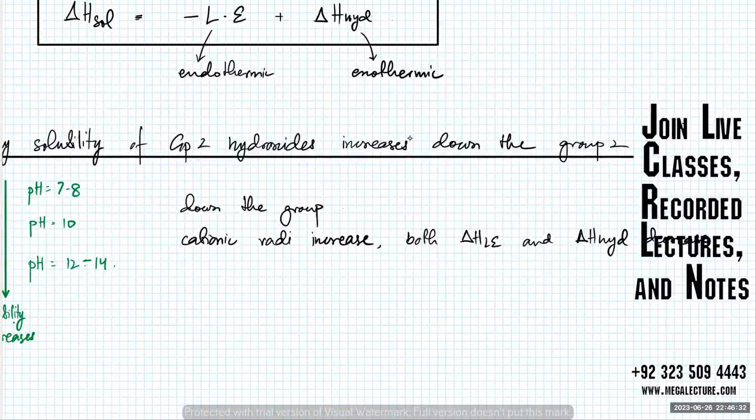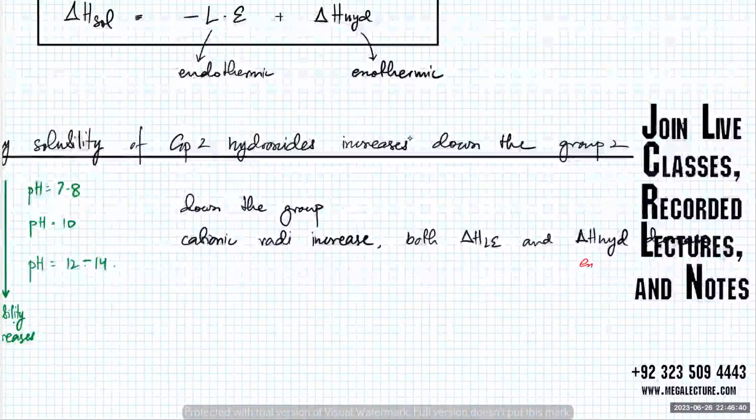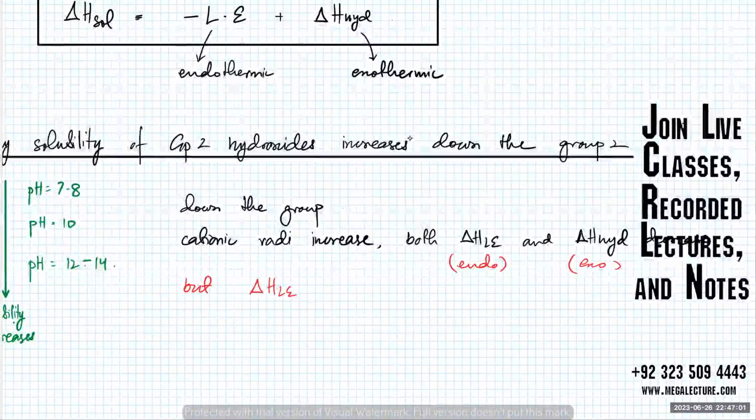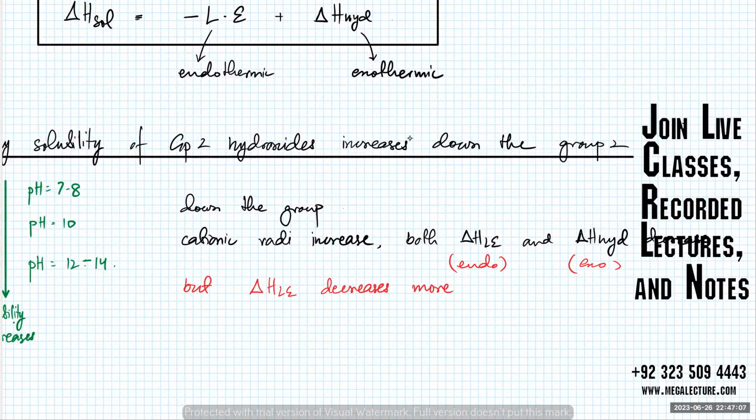So both of them decrease, right? But since the solubility is increasing, that means the exothermic part is actually becoming bigger. This was the exothermic part. The first part was the endothermic part. But delta H lattice energy decreases more because it's becoming more soluble down the group. So that means breaking the lattice is becoming relatively easier, decreases more compared to delta H hydration.